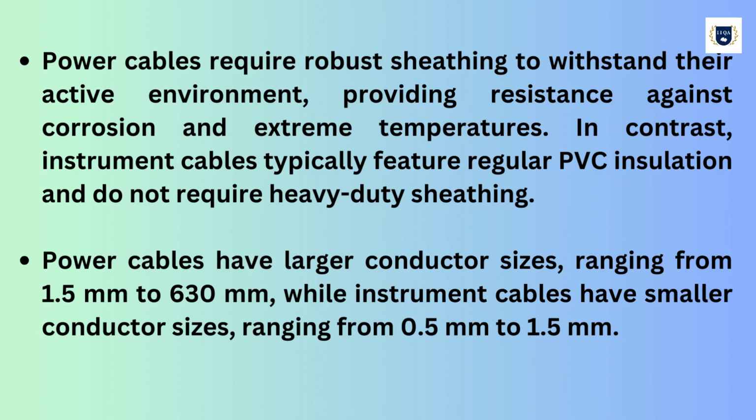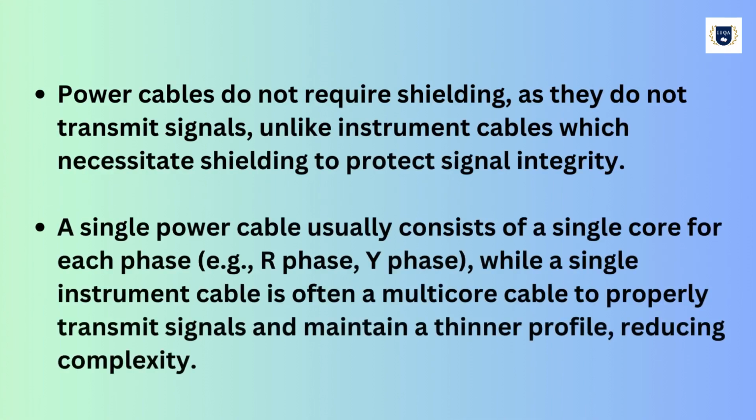Power cables have larger conductor sizes, ranging from 1.5 mm to 630 mm, while instrument cables have smaller conductor sizes, ranging from 0.5 mm to 1.5 mm. Power cables do not require shielding, as they do not transmit signals, unlike instrument cables which necessitate shielding to protect signal integrity.